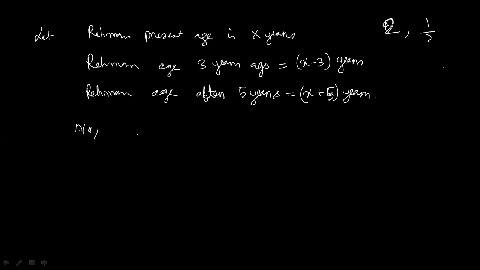So the reciprocal of Rehman's age 3 years ago will be 1/(x minus 3), and the reciprocal of Rehman's age after 5 years is 1/(x plus 5), equal to 1/3.